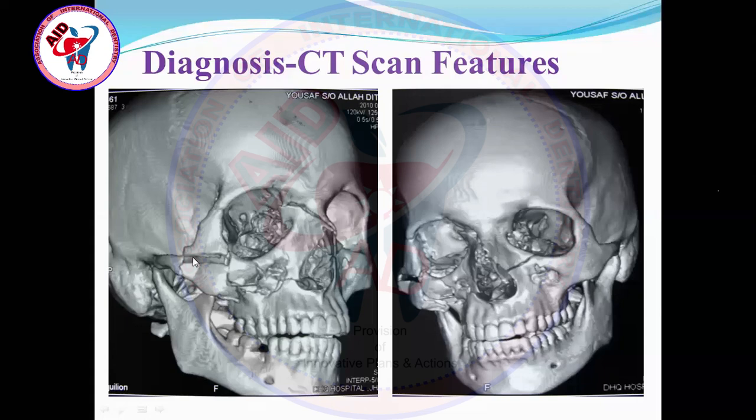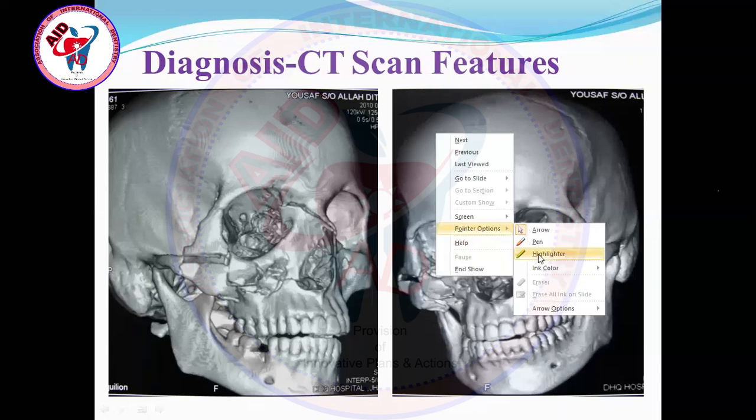And here, look here, once the bone has gone inward as well as downward, it is in contact with the coronoid process. And once it is in contact with the coronoid process, then it impinges on the coronoid process and it leads to limitation of mouth opening also. Same from the frontal view, the scan of the patient.